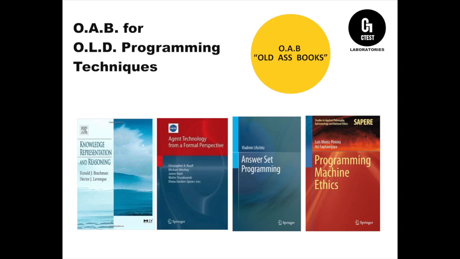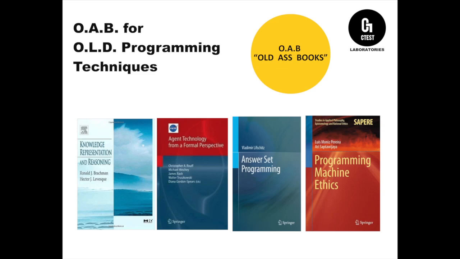And programming machine ethics. We are very much worried about certain classes of software systems that are being deployed today in autonomous environments. And this book right here gives you a lot of programming techniques and subject matter that lets you develop knowledge-based systems and thinking machine systems with an eye towards ethics.